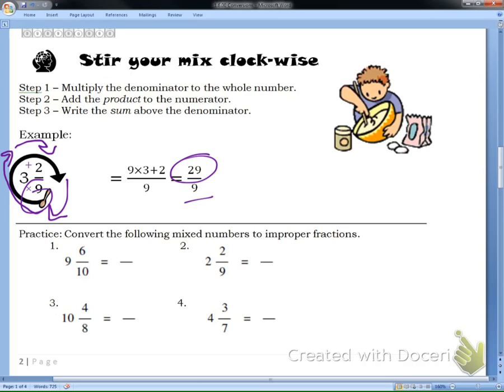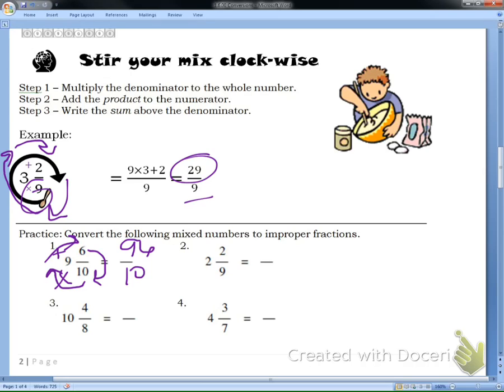Start at the bottom. 10 times 9 is 90, plus the 6 is 96. You write that as your numerator, and write it over the denominator, 10. So 9 6/10 is the same thing as 96/10.